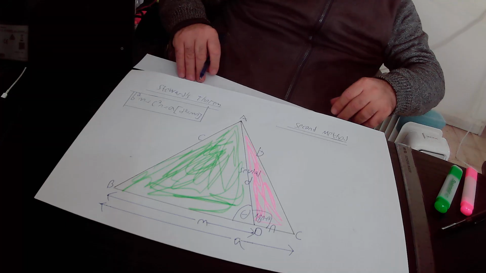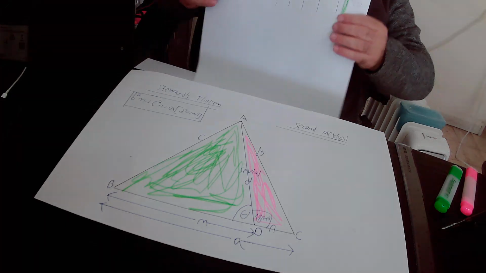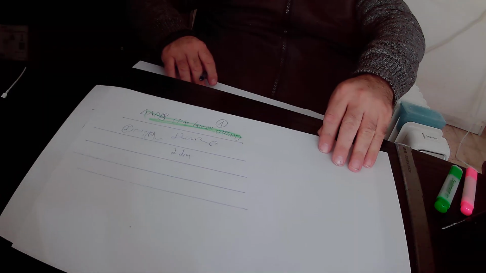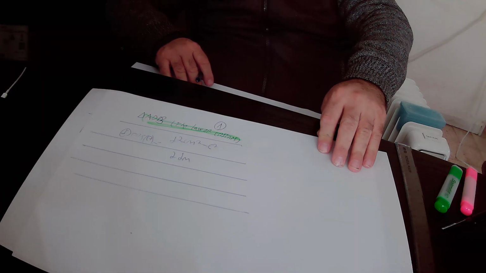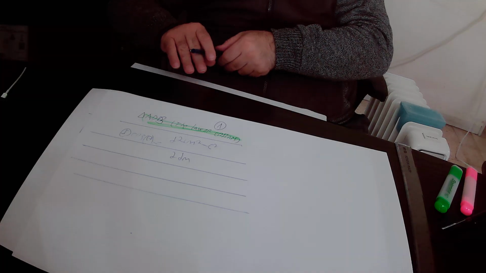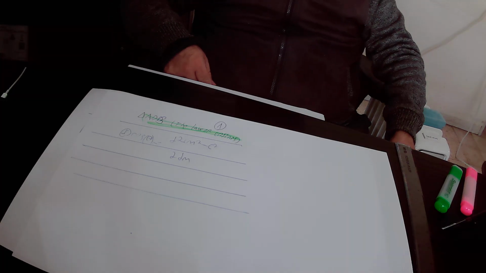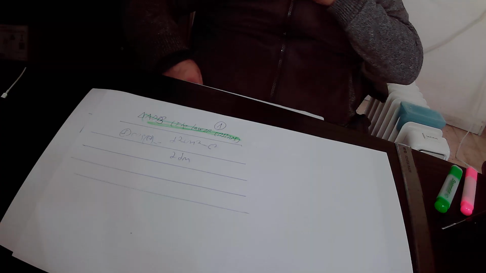So actually this equation number 1, cosine theta equals d squared plus m squared minus c squared over 2 times dm, is the implementation of the law of cosines in the green triangle ADB.